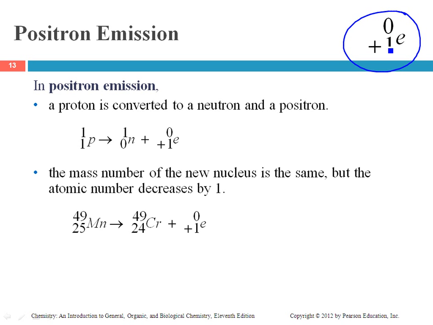If we were trying to find this missing link here, we know it would have to be 24 as our atomic number. If we find 24, it matches up with chromium, because 24 plus 1 equals 25. And 49 plus 0 equals 49. So we have to have a 49 also on our product side.